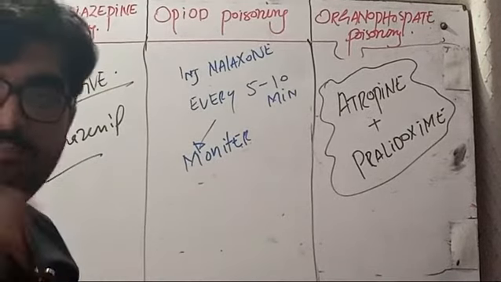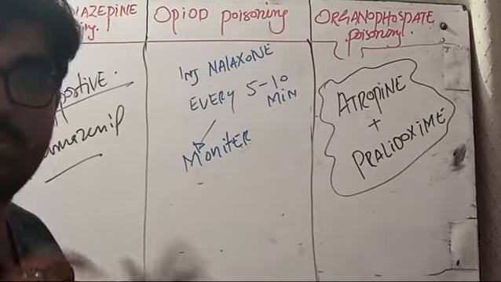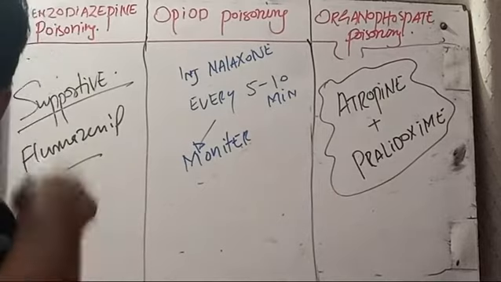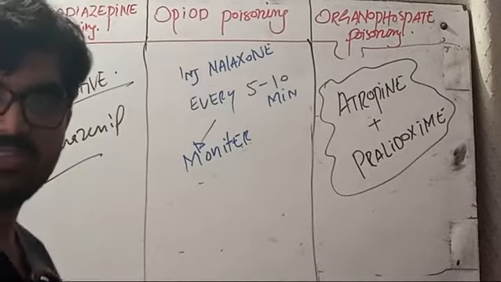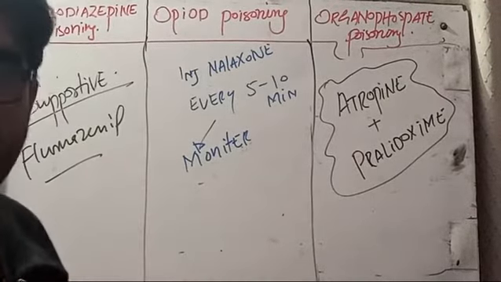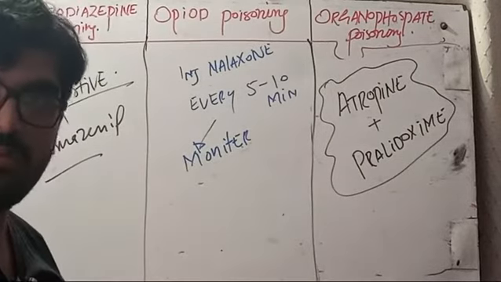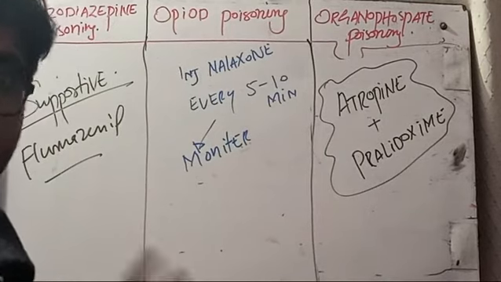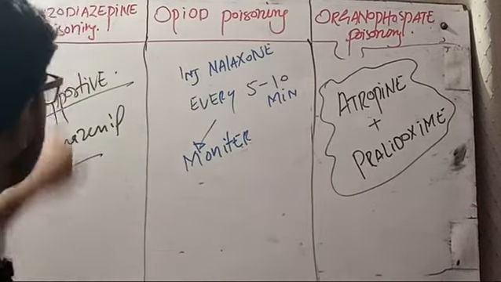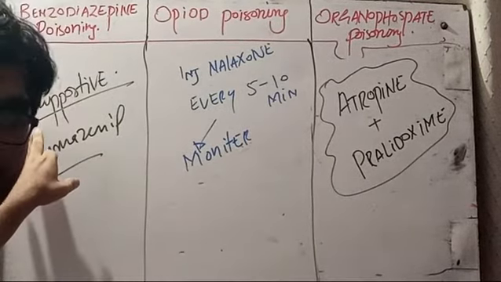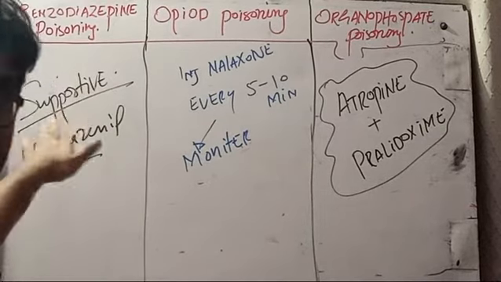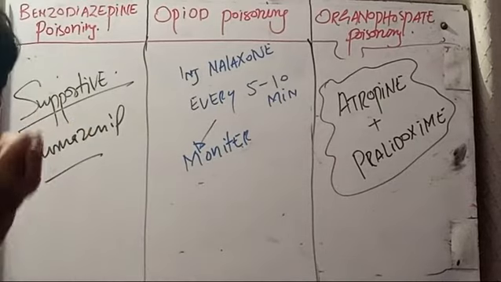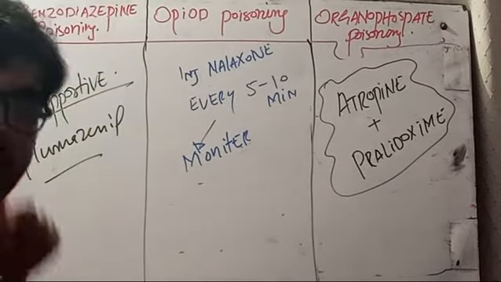Contrary to that, if the patient is not taking benzodiazepine on a long-term basis, you can give flumazenil because it is acute poisoning and you can give it safely. But again, it is not easily available, it is not cheap, it is expensive, and benzodiazepine does not kill the patient. So the treatment is supportive, provided that you are clear regarding the diagnosis.